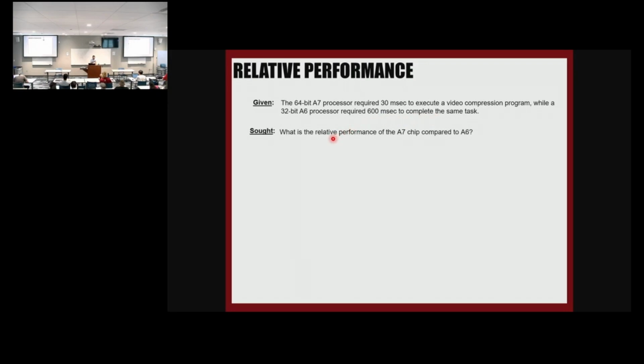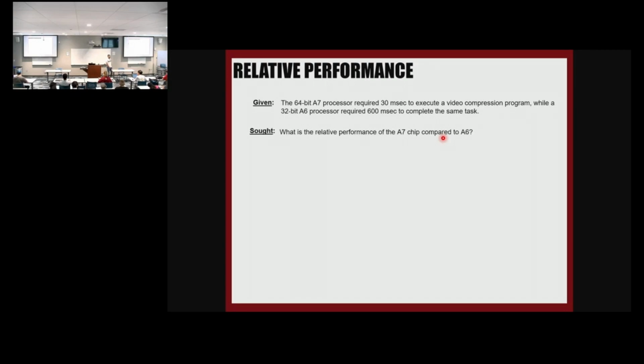So what is the relative performance of A7 chip compared to A6? A7 needs 30 milliseconds, A6 needs 600 milliseconds. What is the relative performance of A7 compared to A6?